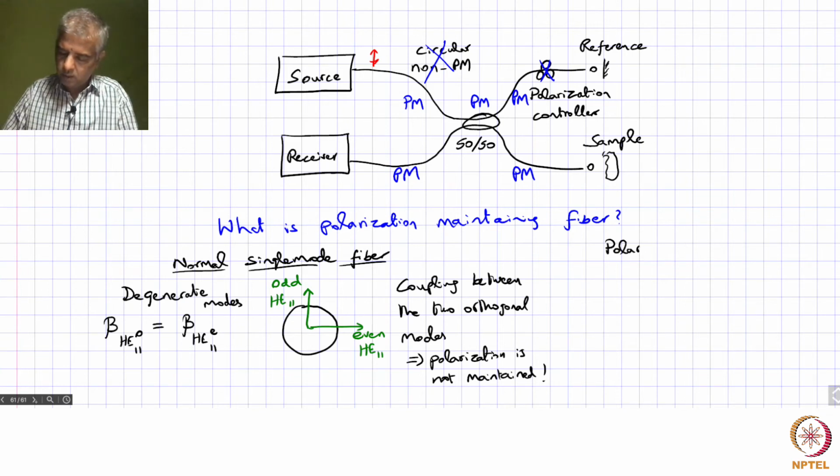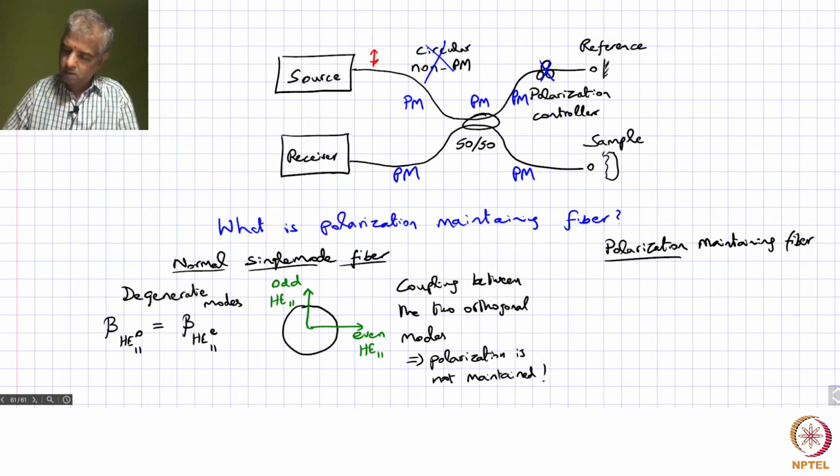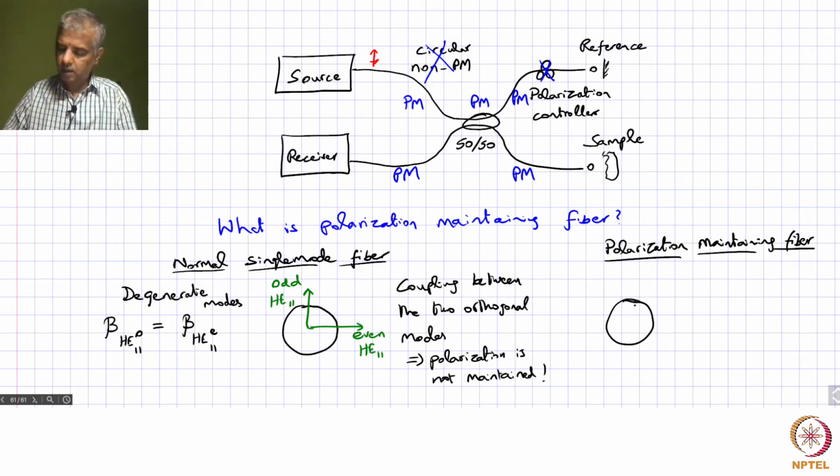So let's put that into perspective. When you talk about polarization maintaining fiber, what we are talking about is that the same core now has two different propagation constants, or phase constants, for these two different modes. How?